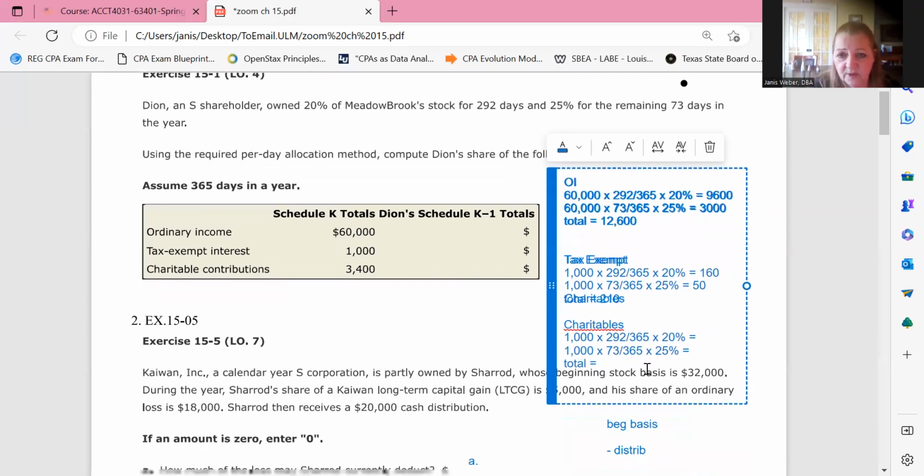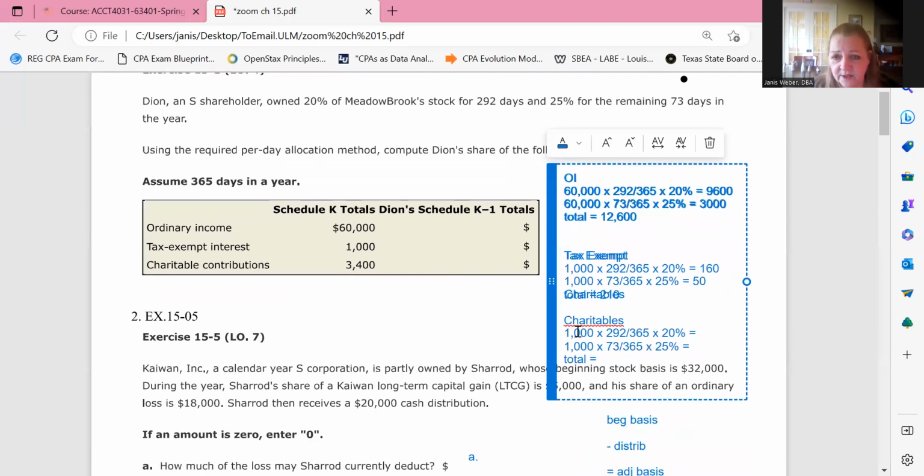Okay, so let's see what else we got. Now we're going to take for charitables, it's 3,400. So same process. Take the 3,400 times the 292 days times the 20%, and then take the 3,400 times the 73 days and 25%. So at 20%, 292 days of the 365, $3,400 would be $544, I think, that's what I count.